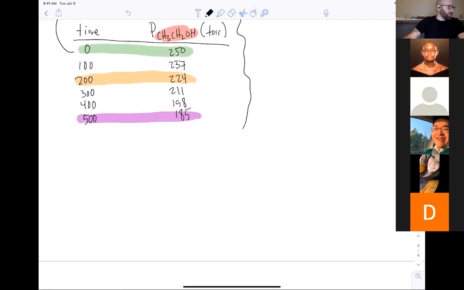And now I'm going to take a look at some graphs for it. Actually, I think I can share that screen with you guys. Let me do that in a second. The time. Here we're looking at pressure. It's like a natural log of pressure. And we can look at 1 over pressure.